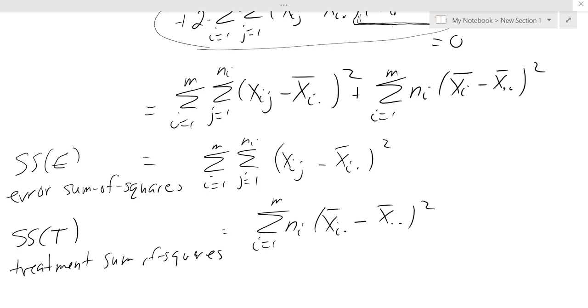So instead of taking them as individual sample points, it's taking the sample means to start with and looking at the deviations of the sample means from the overall mean. So that's why it's called the sum of the squares for the treatments. Even though I don't like the word treatment, the idea behind the concept is you're using the entire sample from one category, looking at its mean, and then it's the difference of that particular mean from the overall mean.